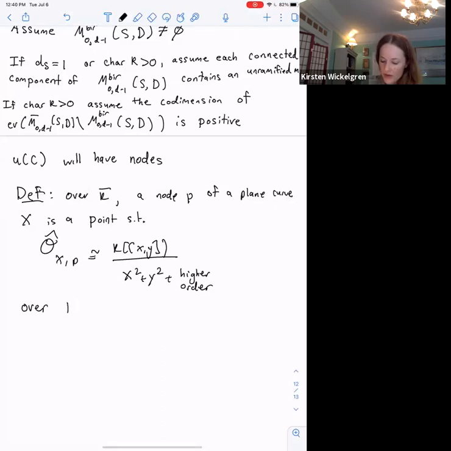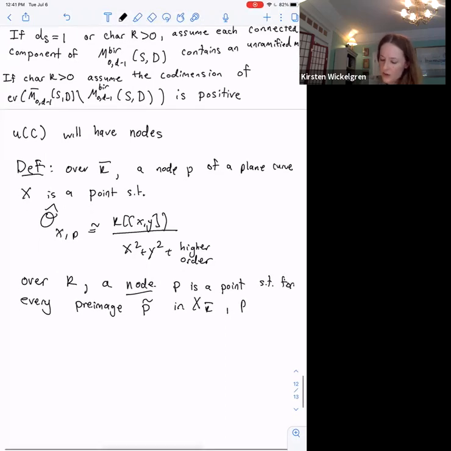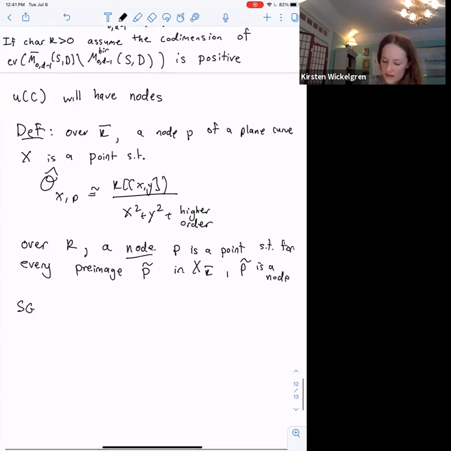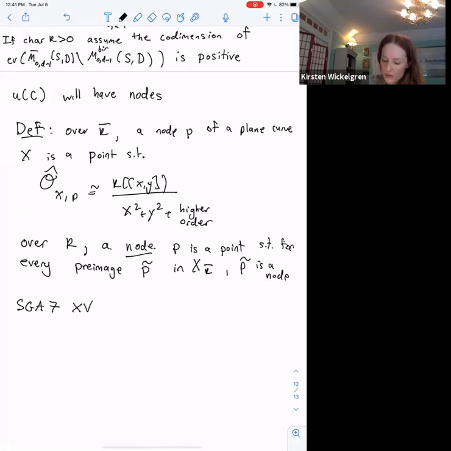Over K, we want that after base change, all of the preimages look like a node. So a node P is a point such that for every preimage after base change, you have a node. After some separable extension, nodes become rational.